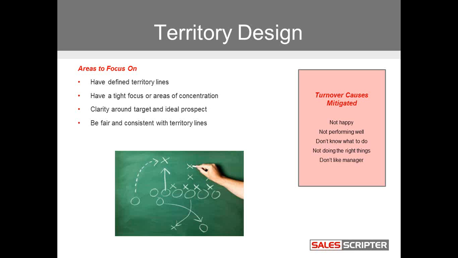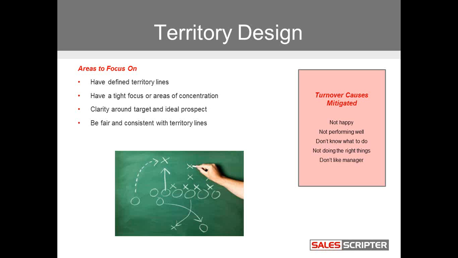The other thing is to provide clarity around the key target that your salespeople are going after, in terms of what an ideal prospect looks like. So instead of just giving your salespeople a territory of this geography and businesses from 150 employees to 2,500 employees in the manufacturing industry, or some range of employees or revenue, where they can go after anybody, help them to have clarity around what industries you fit best with, what customer and prospect problems and pains you help to resolve.